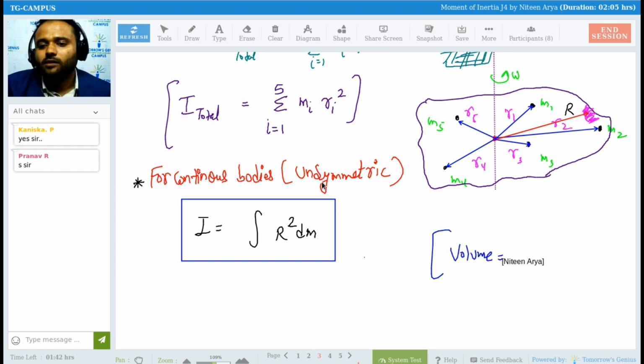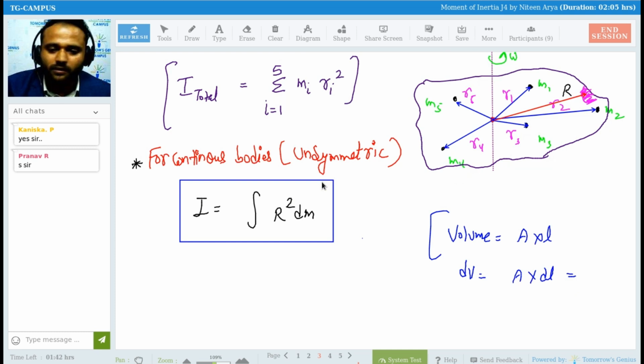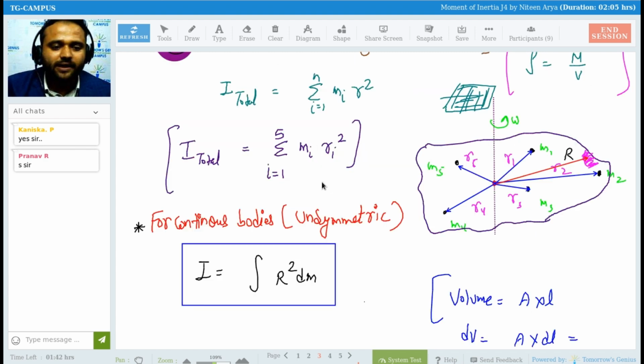Volume is nothing but area into length, so for dv I can do area into dl. The same thing I did on the above side: the area of a ball is 4 pi r square, and then dr. Got it now?